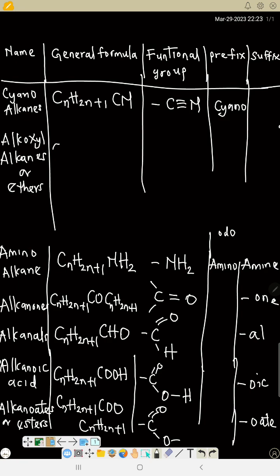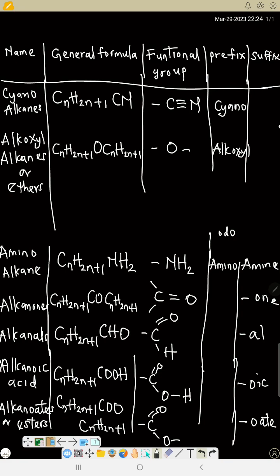The general formula is CnH2n+1 O CnH2n+1. The functional group is O and the prefix is alkoxy.